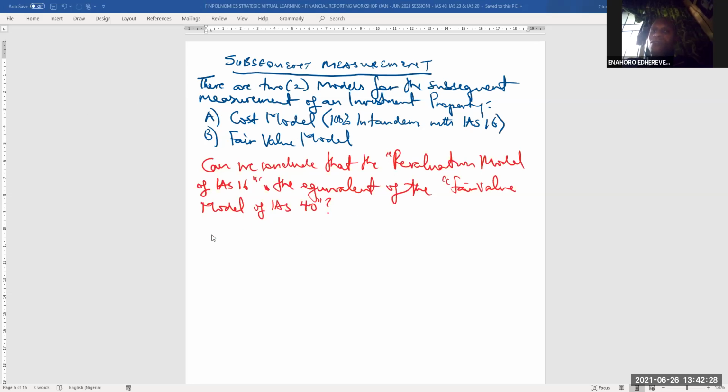If it decreases, it goes to the P&L as well. So it's only the revaluation that either goes to P&L if it's a loss, or to OCI if it's a gain. So who else can assist from the class?